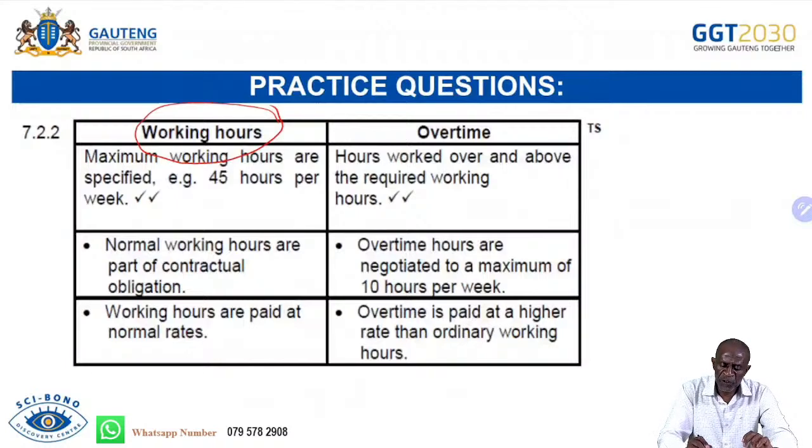Now, if you compare the differences between the two, what you write on the left, that is working hours are paid, the explanation of overtime must also link to the payment. What is important here is the rate, which is the payment.